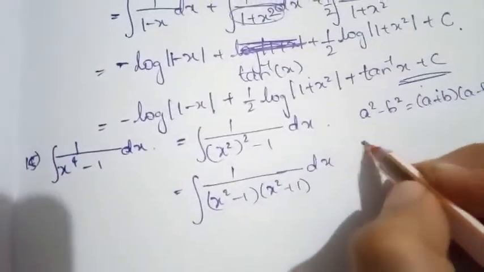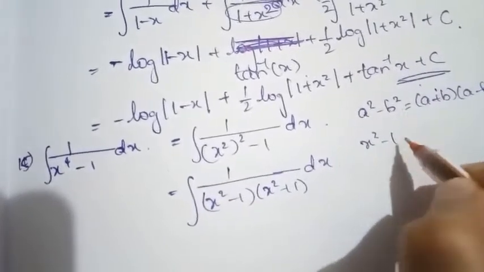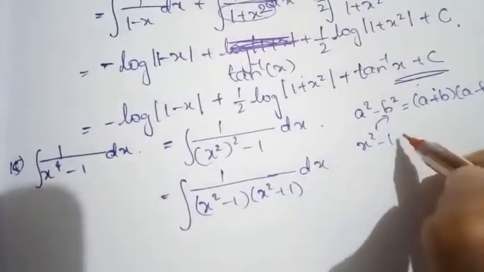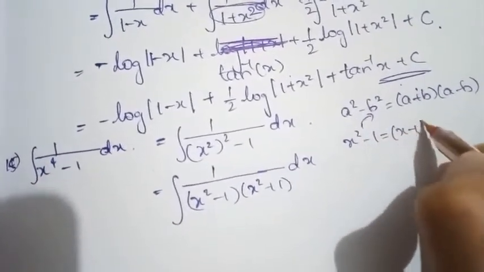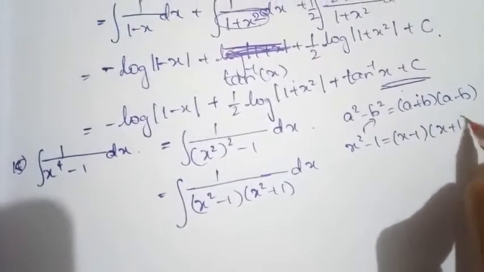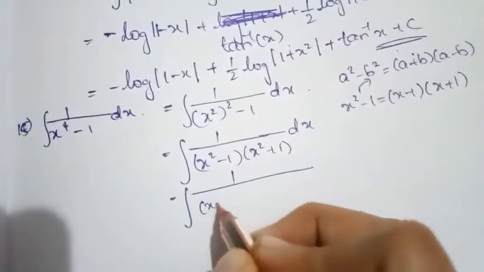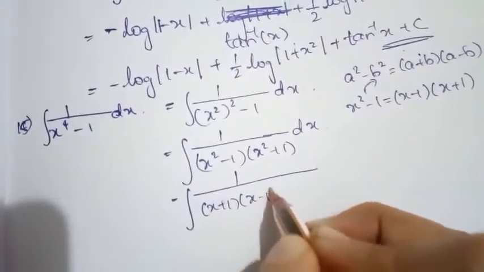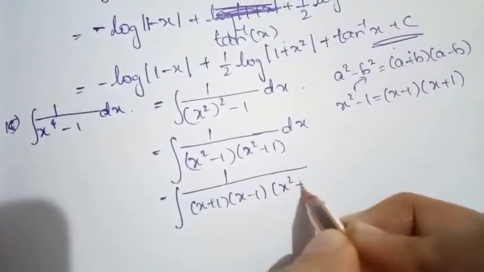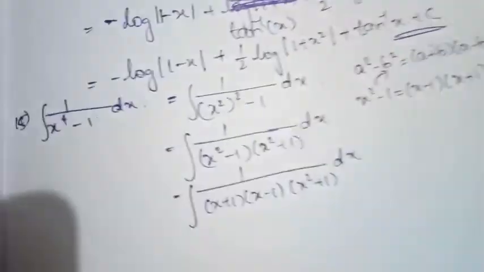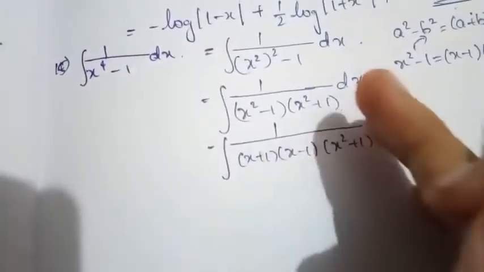Now x square minus 1 is again in this form, so I can write x square minus 1 as x plus 1 into x minus 1. That gives 1 divided by x plus 1 into x minus 1 into x square plus 1 dx.